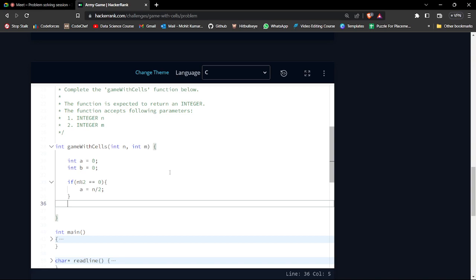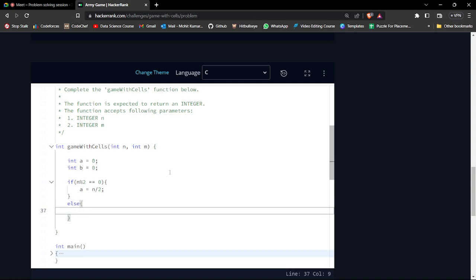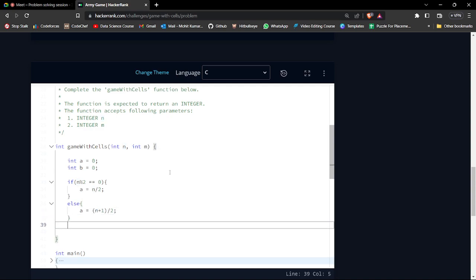Okay, else the value of a is equals to n plus 1 by 2. So we are just making it even, right?